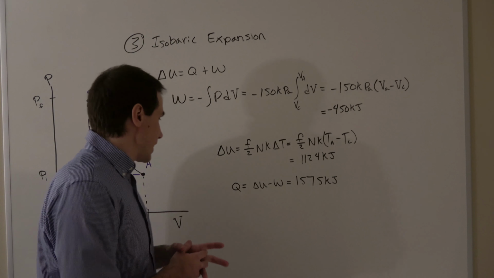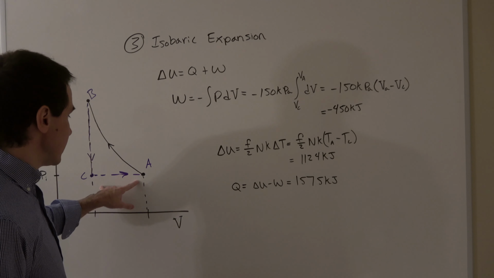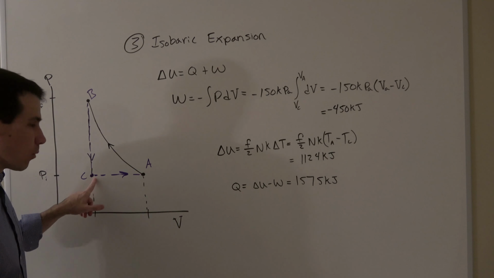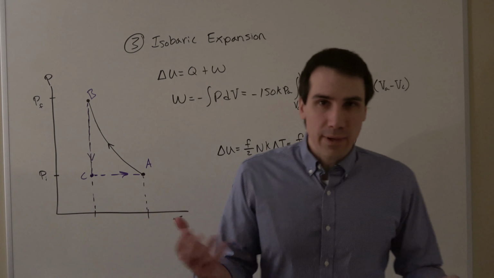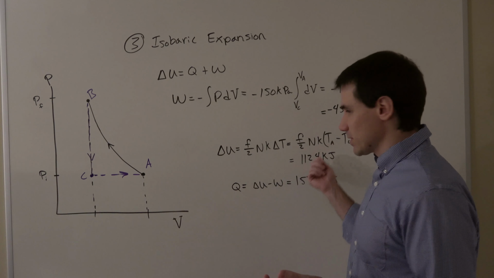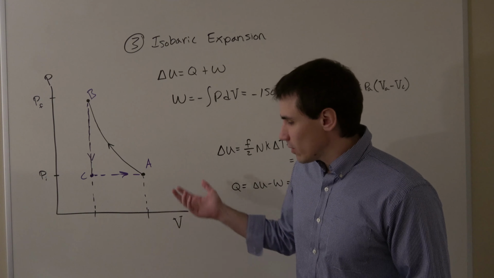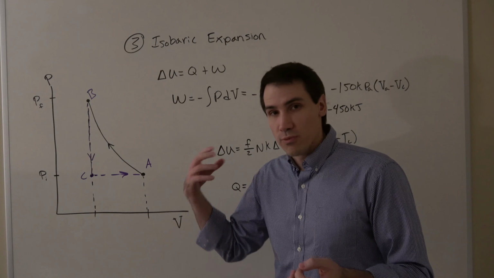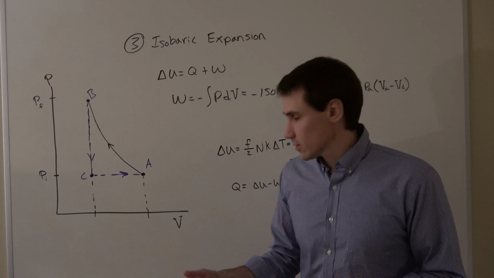but in this case, it actually gets warmer. This Ta is warmer than Tc. How do I know that without actually having explicitly calculated it? Well, I know that temperature is directly proportional to pressure times volume through the ideal gas law, right?